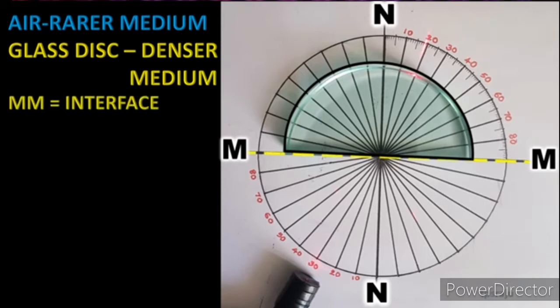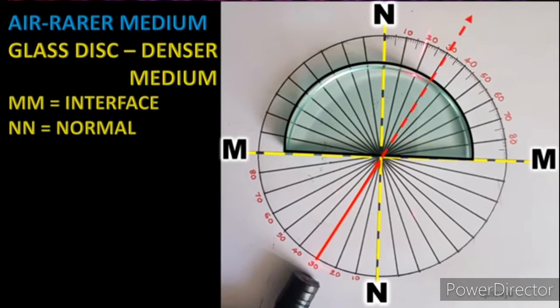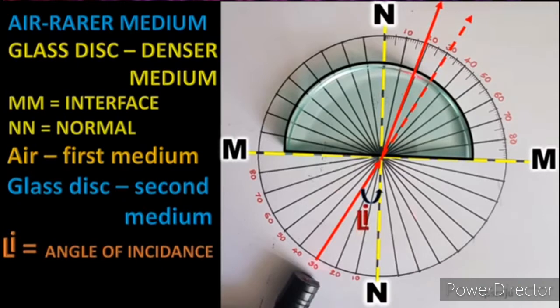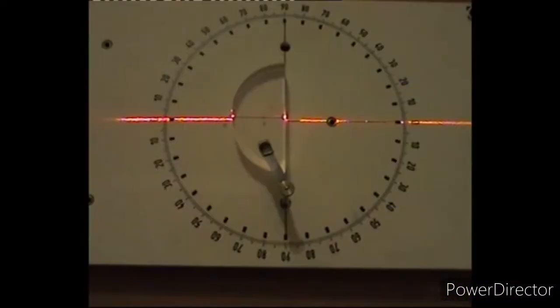The horizontal line MM is the interface between air and glass and NN is the normal line. Here, the light ray is traveling from air to glass. So, air acts as the first medium and the glass disc acts as the second medium. Angle i is the angle of incidence and angle r is the angle of refraction.